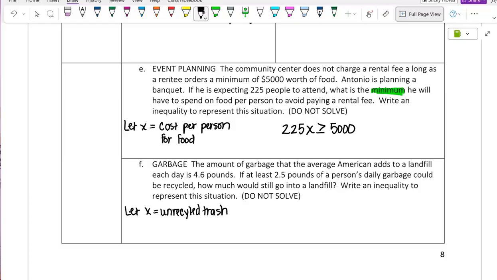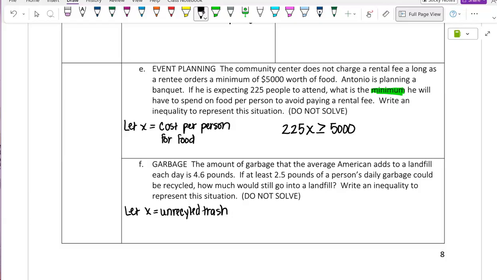So our unrecycled trash plus if we can recycle 2.5 pounds per day needs to come out to less than or equal to the 4.6 pounds. I know they use the word at least here, but that's just for the recycled, and they're actually asking us for how much that isn't recycled.